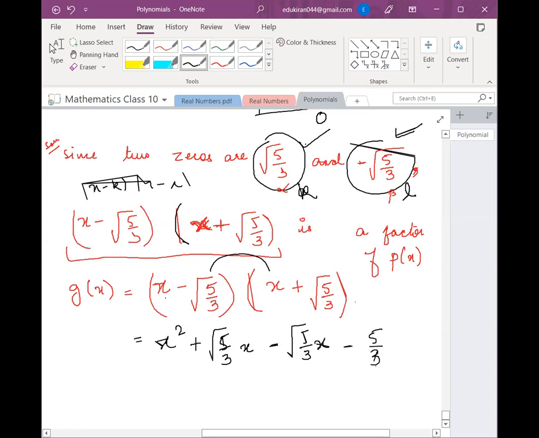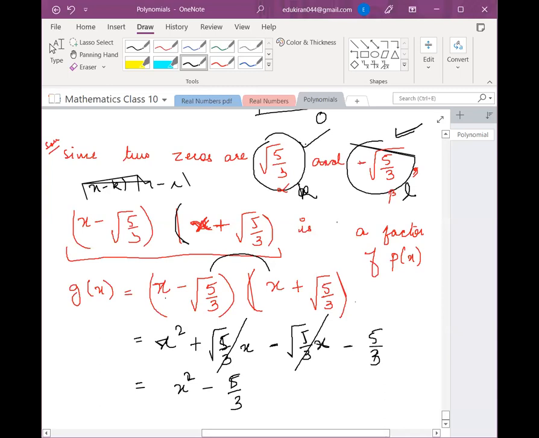Ma'am, we can use a plus b into a minus b also, right? Yes, directly you can use, exactly. This will be equal to a square minus b square, that kind of thing. That also you can do. I mean, you will get the same result. Now you can see one term is positive, one term is negative. So they cancel out and you get x square minus 5 by 3. Clear? Yes, ma'am. So I've just simplified my gx.